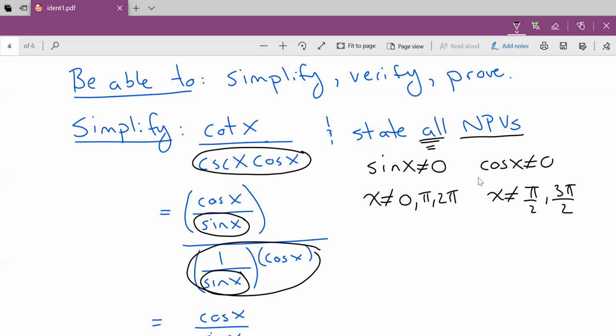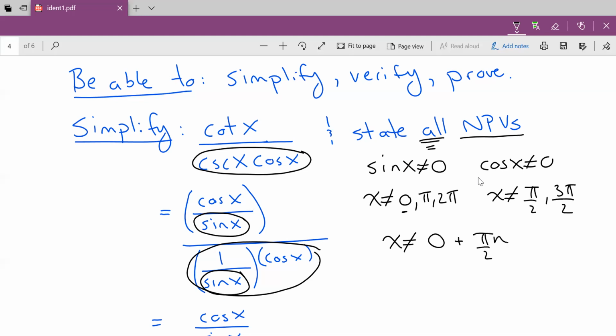This is almost like a coterminal angle question. I need a general formula here. So all coterminal angles, I'm going to combine these two together. Combine together, well, x can't equal. I'm going to start at my first angle I have, 0 radians, plus I notice the distance between all of my non-permissible values is pi half.